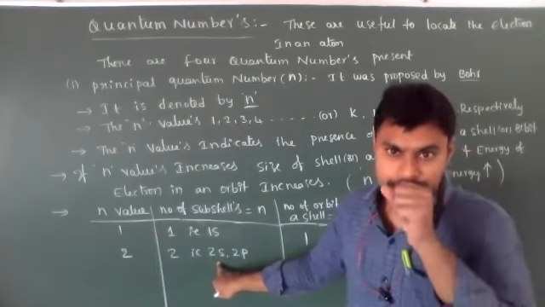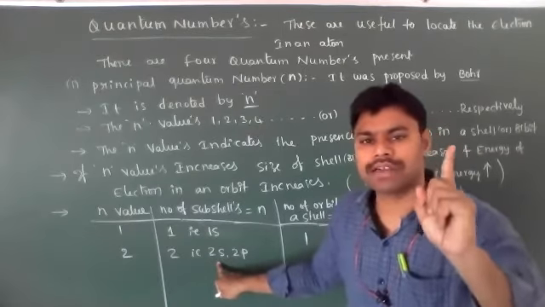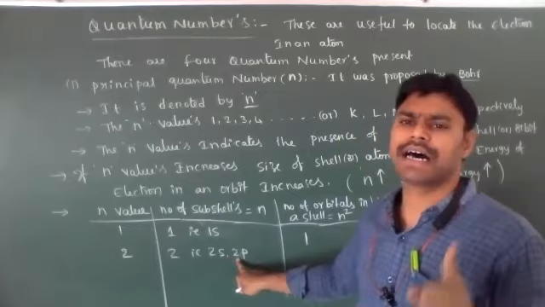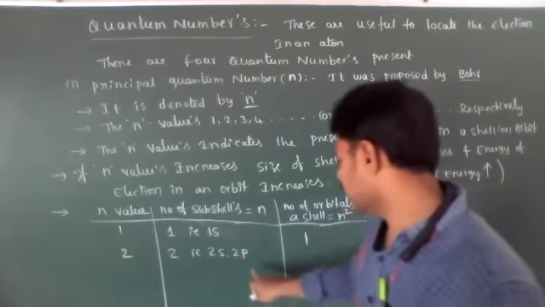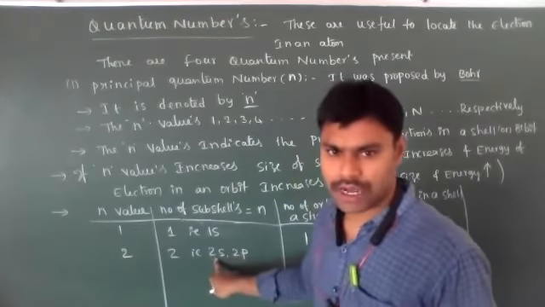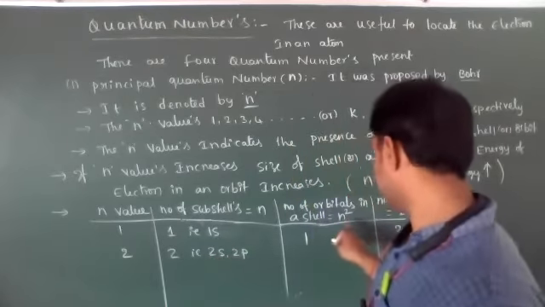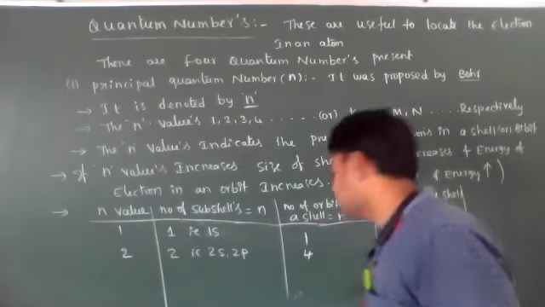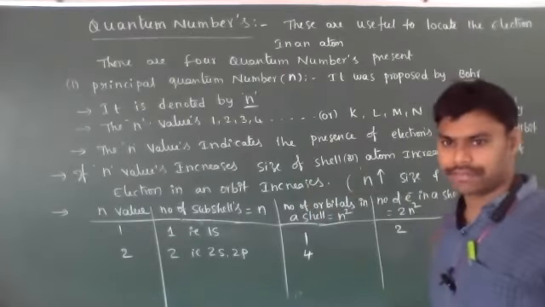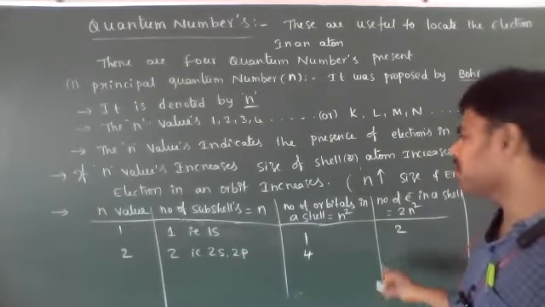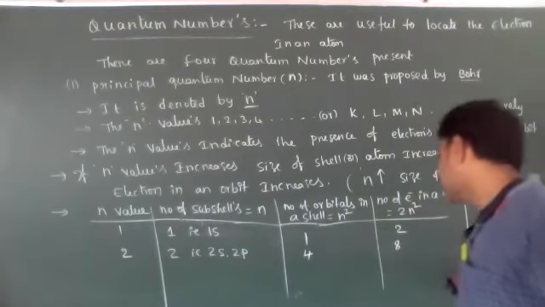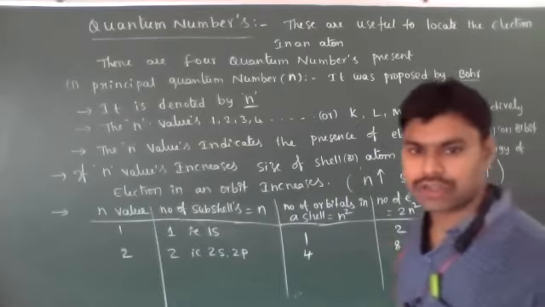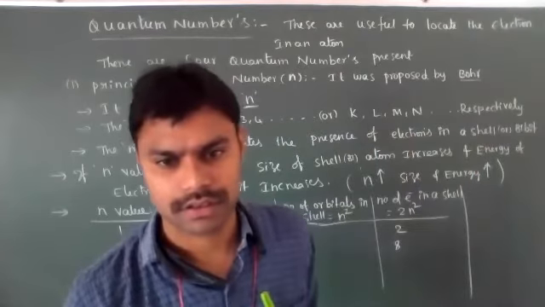The s subshell always has one orbital, and the p subshell always has 3 orbitals. So 3 and 1, total 4. That's why n square, for n equal to 2, 4 orbitals are present. In the 4 orbitals, 8 electrons are present, 2 into 2 square.